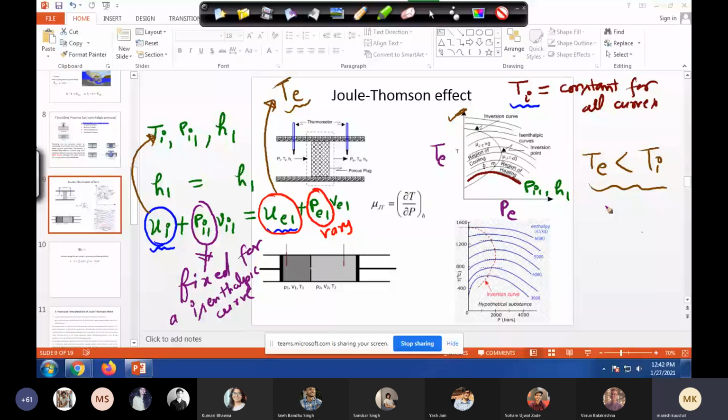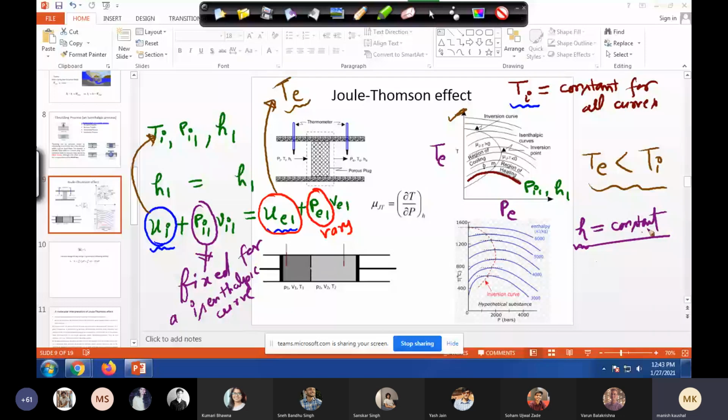You can mark. It's isenthalpic. In fact, ultimately we are keeping H constant. I'm coming to your point, and you will get convinced. We have to keep the enthalpy constant for a given experiment. What's your name? Yash. So H is constant, right? Now I'm coming to your point.